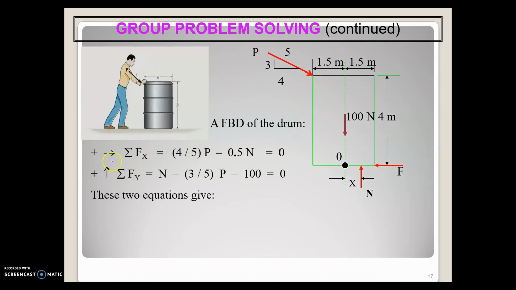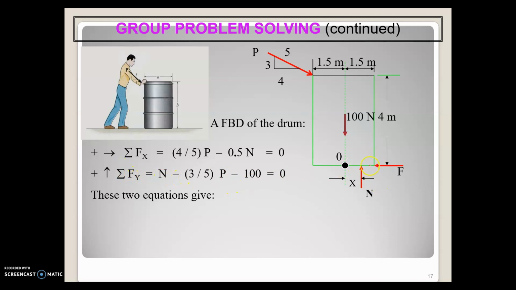Okay, bila kita apply equation of equilibrium, kita ada summation of Fx equal to 0. Okay, di mana annotation kanan positif. Okay, so kita ada 4/5 P. Kita minuskan dengan 0.5 N. Okay, equal to 0. Okay, so kat sini kita ada 2 unknown. Okay, then sama juga kita ada force ke atas positif, summation of Fy equal to 0.